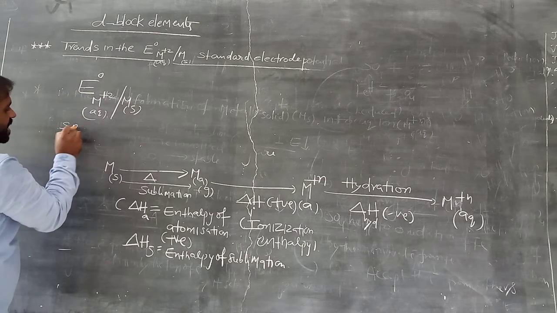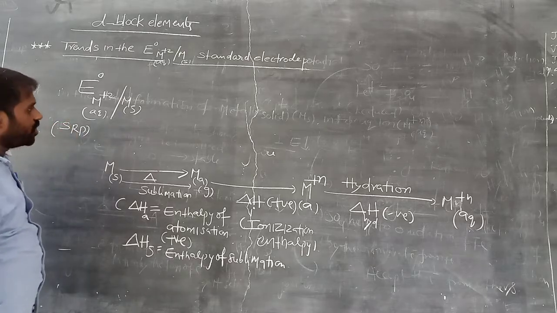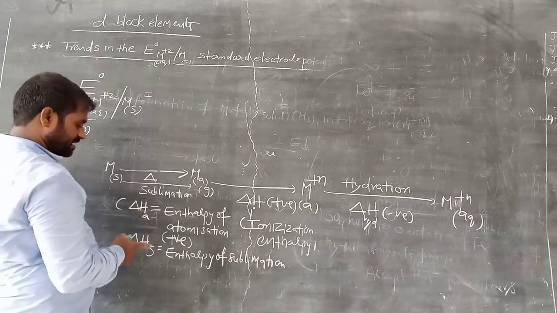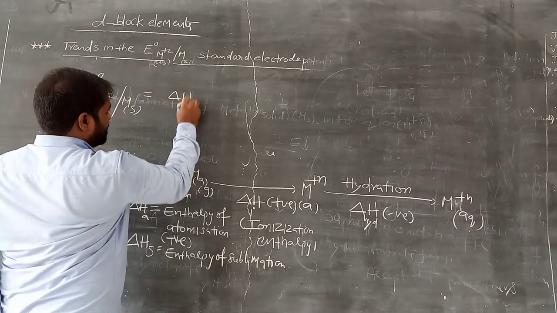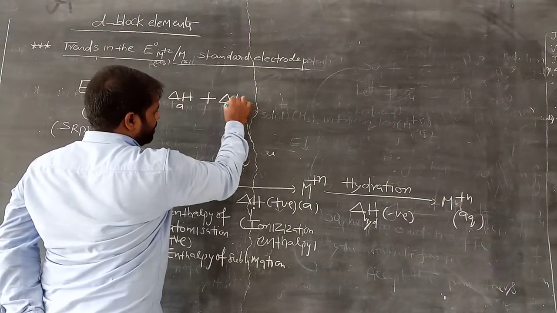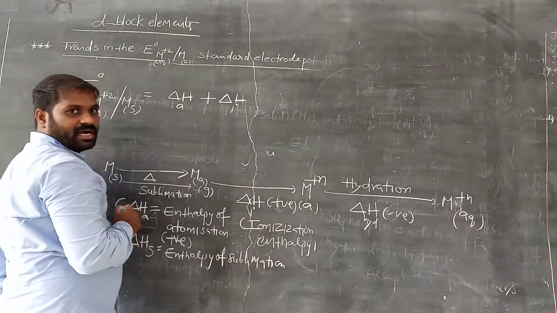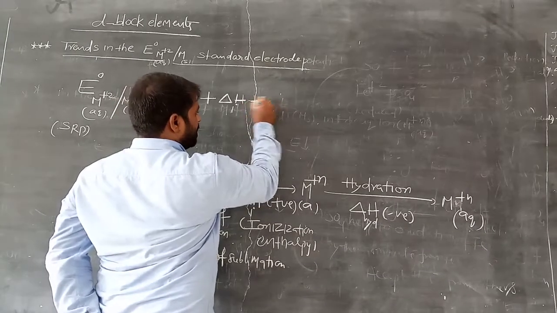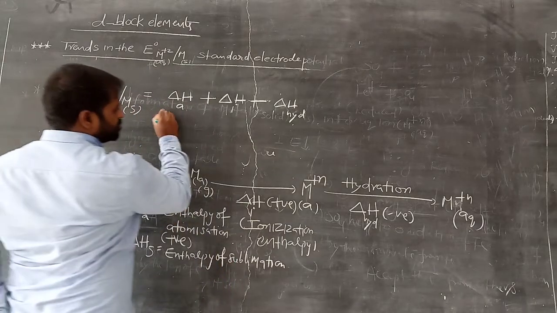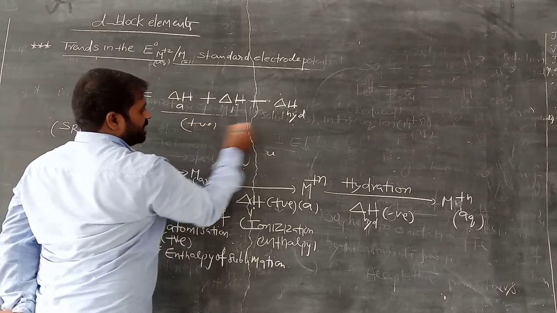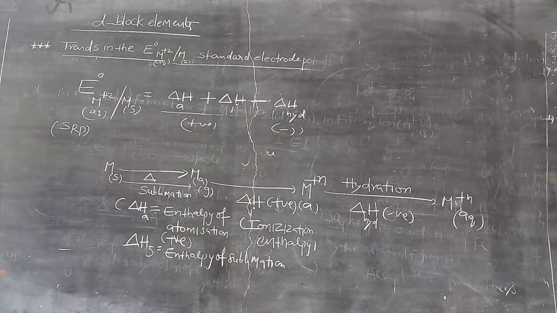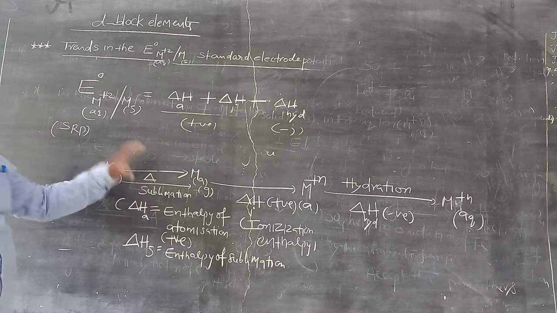The standard reduction potential of an electrode depends on three types of energies: delta H a, heat of atomization, delta H i, ionization energy, and delta H hydration, hydration enthalpy. These two are positive, and this is mostly negative. Remember hydration enthalpy. Okay, clear? This phenomenon is very important.